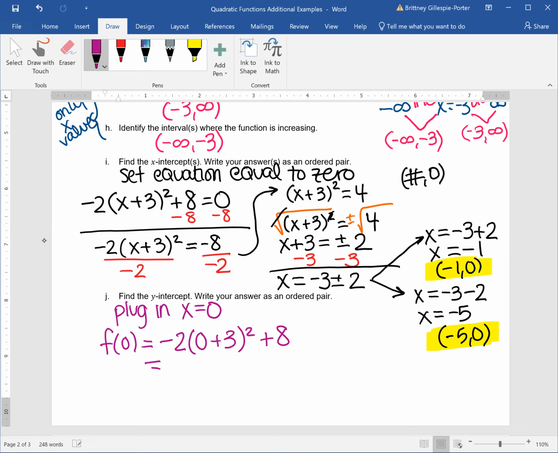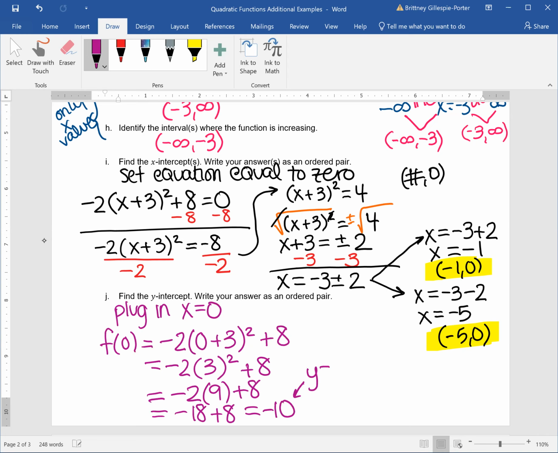You can put this all in at once in your calculator, or if you want to do the steps, you can. 0 plus 3 is 3. 3 squared is 9. So -2 times 9 plus 8. -18 plus 8 gets us -10.